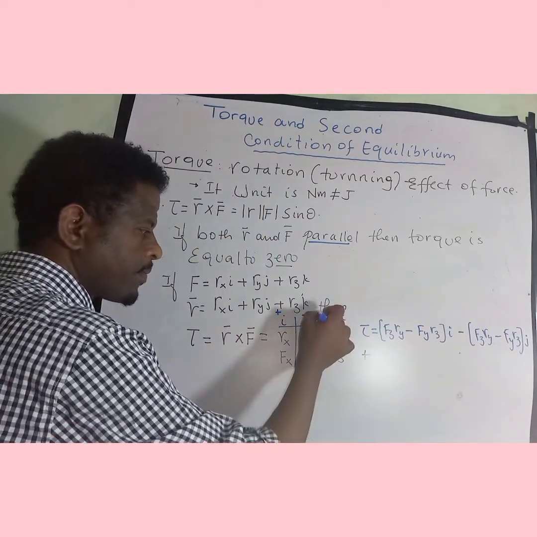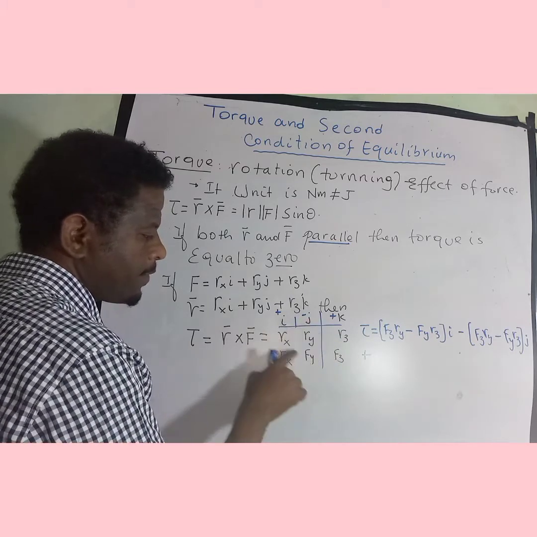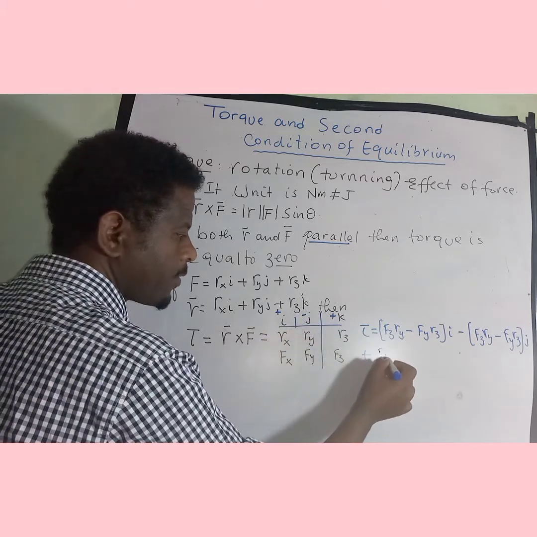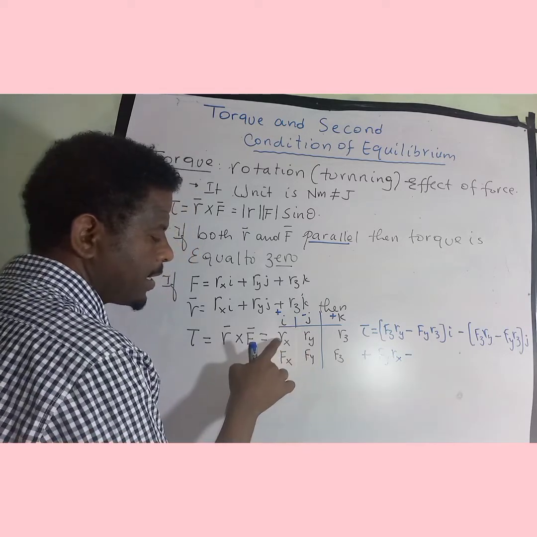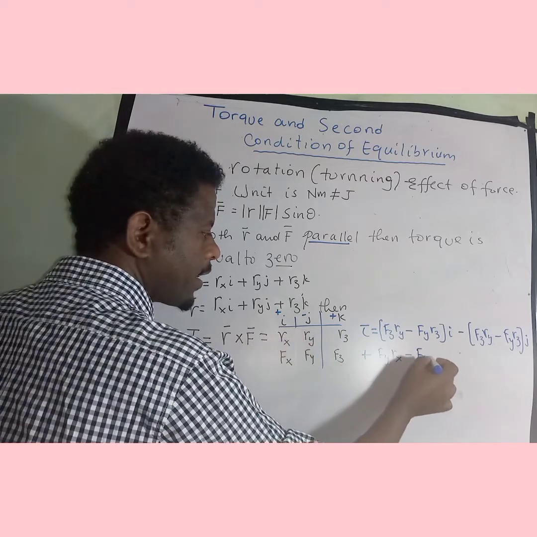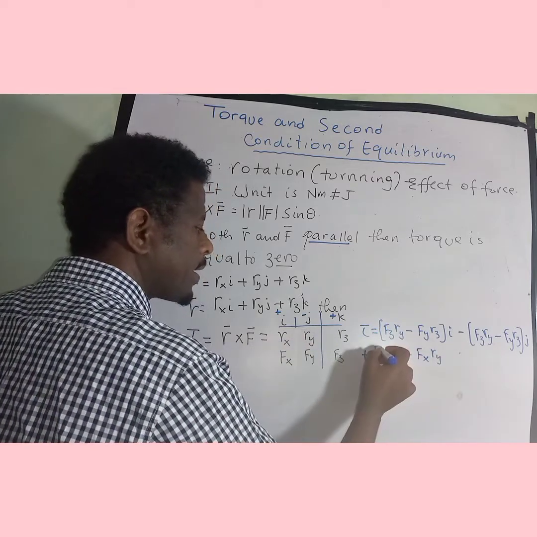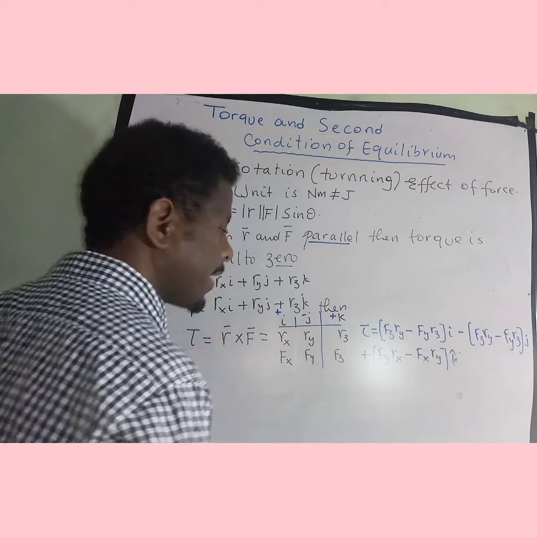Plus, when you solve the component of k, Fy Rx minus Fx Ry. The direction is in the direction of k.